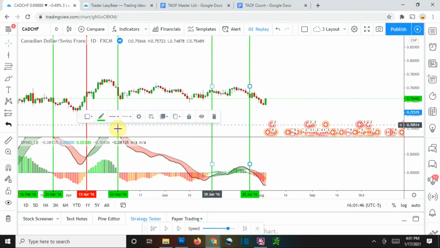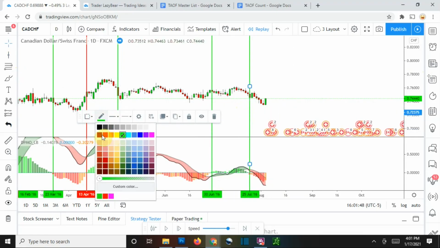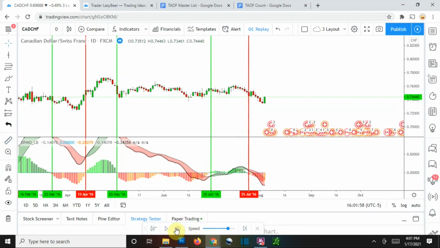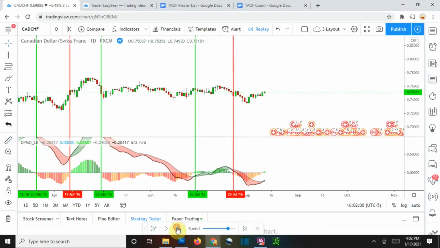So we picked up a short there, and that one didn't work out for us. Double check here. Nope, went up about 80 pips, just beyond our stop.